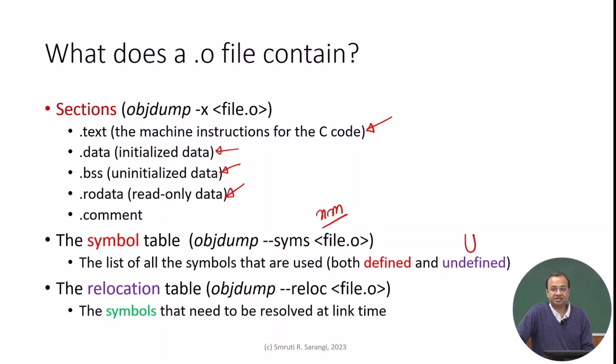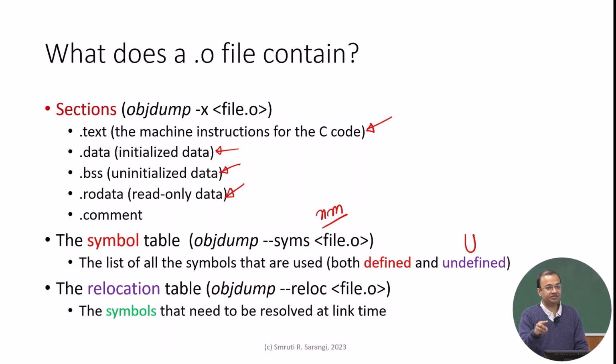It is a message to the linker that while linking, kindly take a look at my relocation table, and you will find that I am referencing the factorial function, but I don't have its definition. So it is the linker's job to find where factorial is and find the address of that.